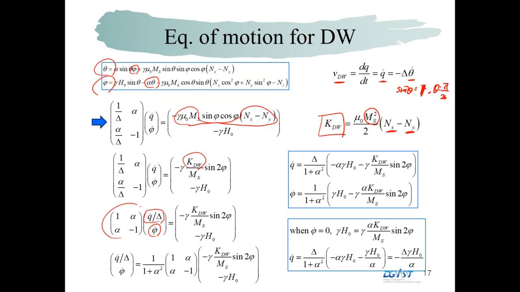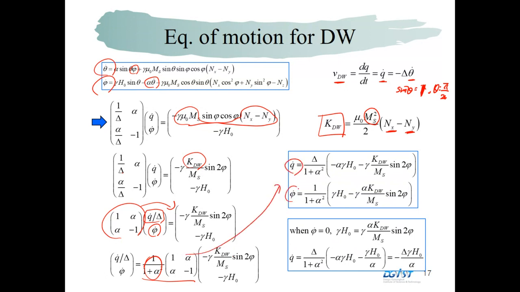And we can move this matrix to right hand side by taking the inverse matrix, and you can obtain this term. And we may ignore this term for future simplification, because alpha is usually small. So anyway, we can rewrite this result to here.